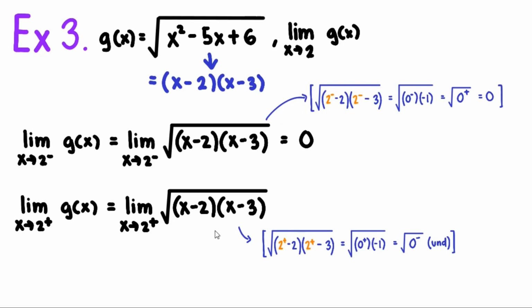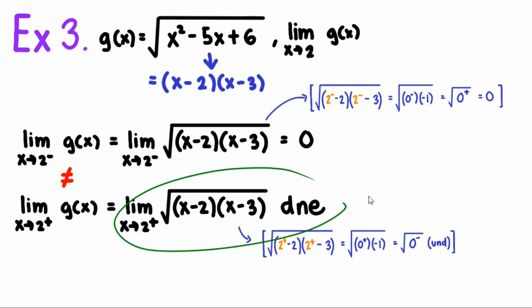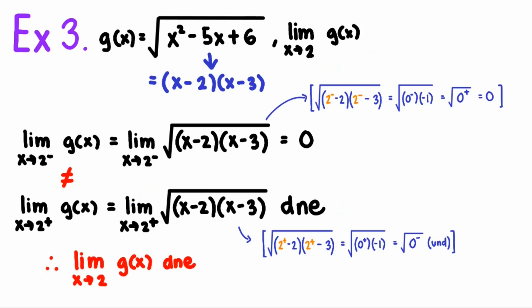So we conclude that this limit out here does not exist. And since these two limits are not equal, and in fact, this limit even does not exist, we conclude that the answer for this problem is does not exist. So the limit of g of x as x approaches 2 does not exist.